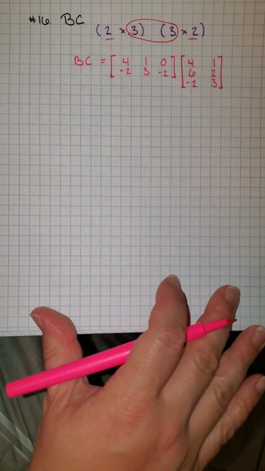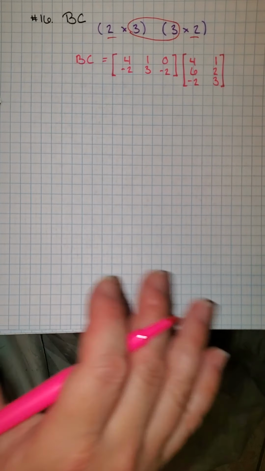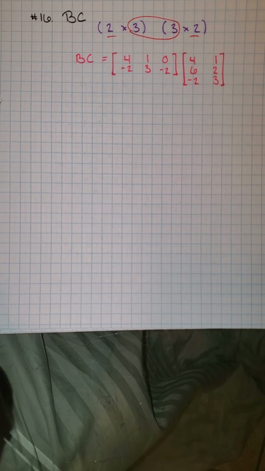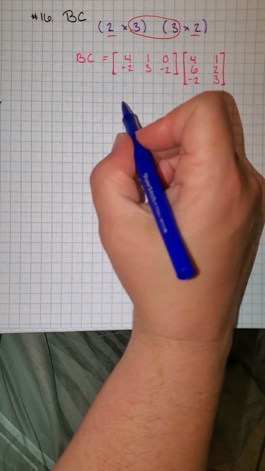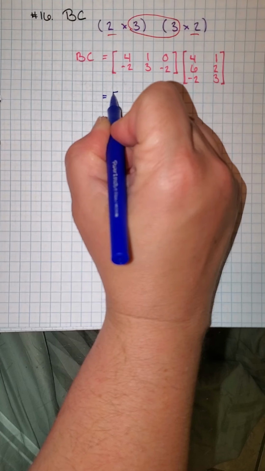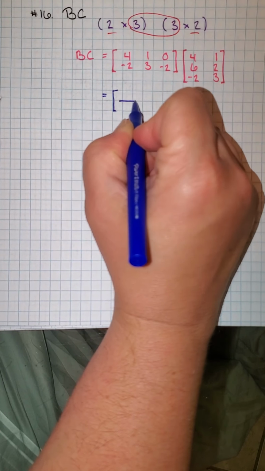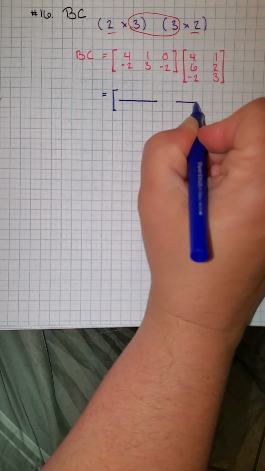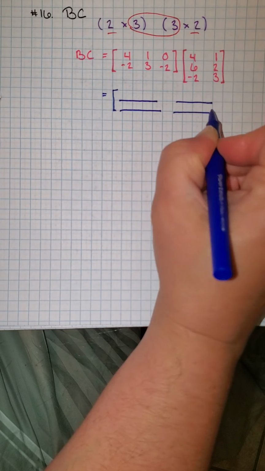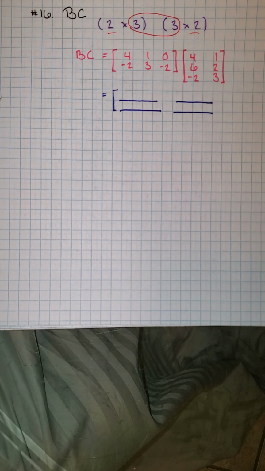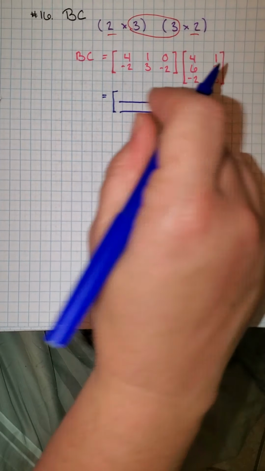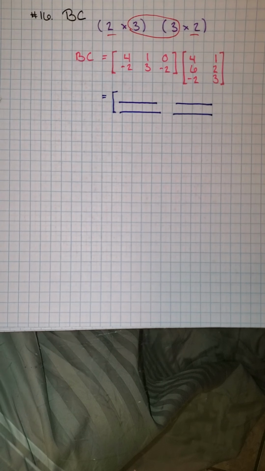And our resulting answer will be a 2 by 2 matrix. Okay, so you're going to do rows times columns, and you're going to add everything together.